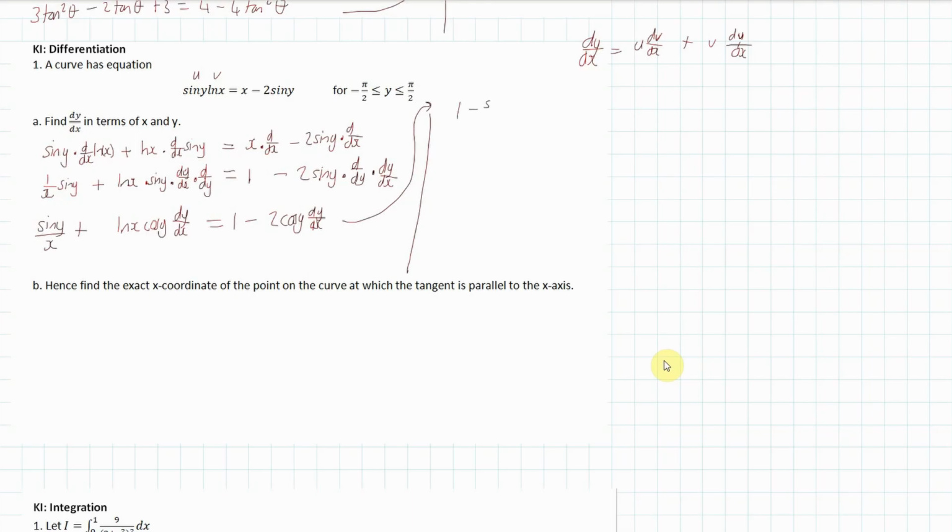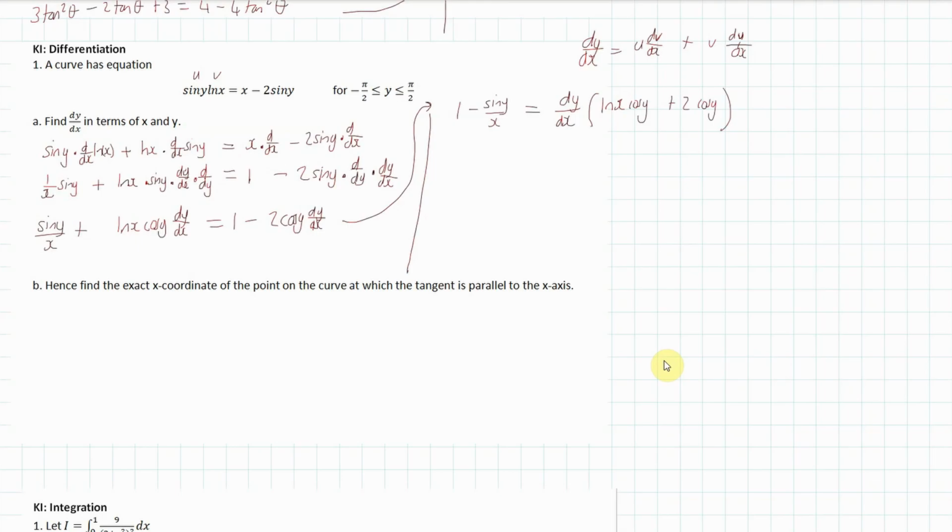So 1 minus sine y over x, and then I'll bring the negative 2 cosine y across to the ln x. So here's what I'm going to do, factorizing in one go. I'm going to go dy dx bracket, and I have my ln x cos y plus 2 cos y. And now I'm ready to get things in a better form.